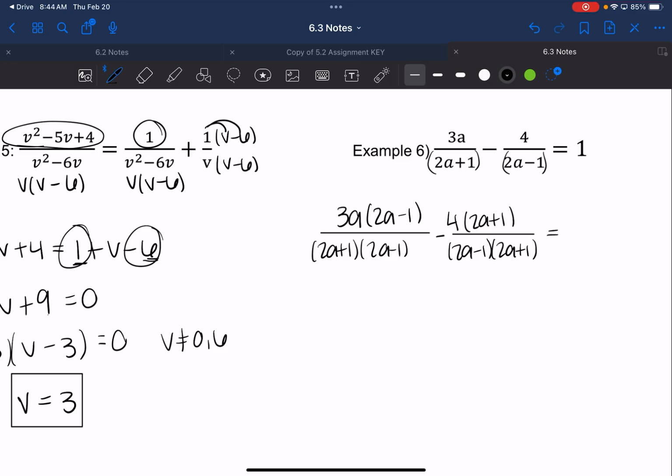Well, 1 would have to be multiplied by both, right? So this one ends up as 2a plus 1 times 2a minus 1 over 2a plus 1 times 2a minus 1, right? Okay, so in the first fraction, we would need to distribute, right? What do we come up with there?